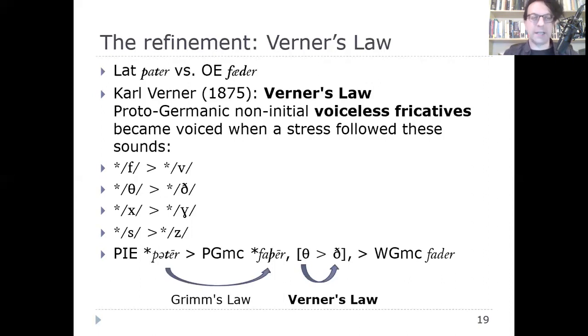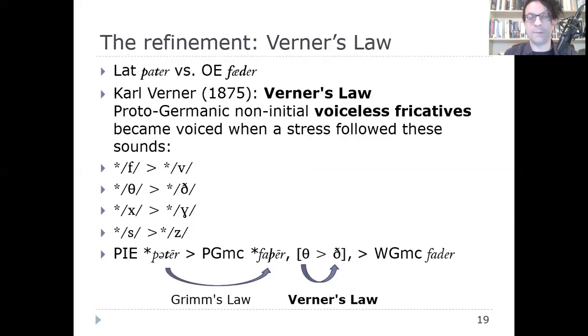Okay, so let's take an example because that's very, very abstract. Grimm's law would predict Proto-Indo-European pater to change into father. And this, Grimm's law says, well, this must be what happened. Then Werner comes in and says, yeah, okay, but since we still have a stress following the unvoiced th sound here, the unvoiced th sound changes into a voiced th sound.